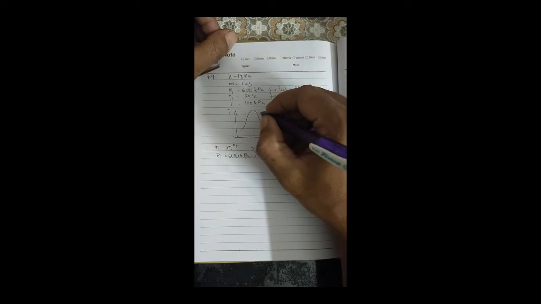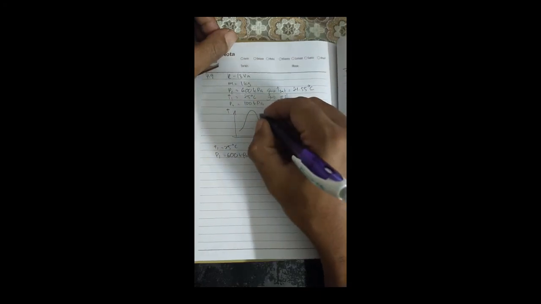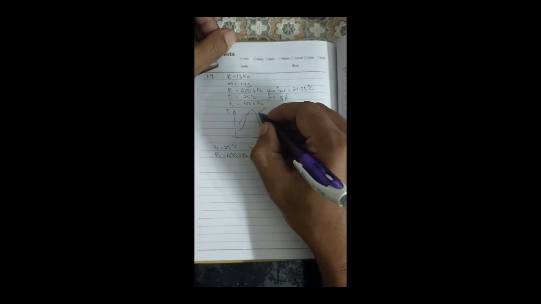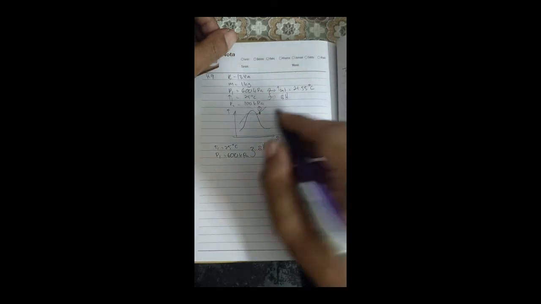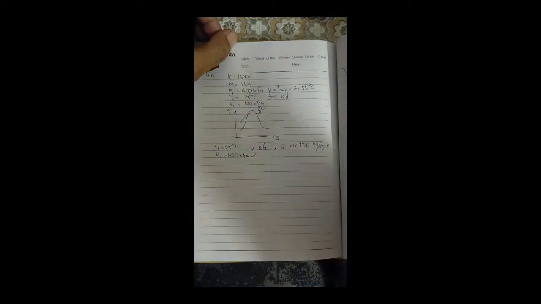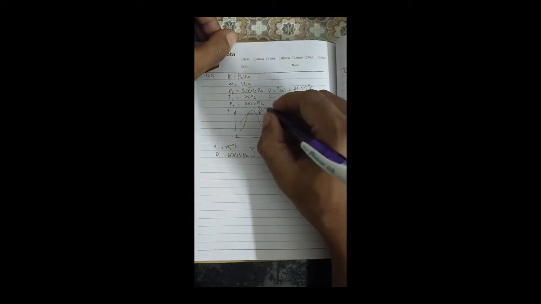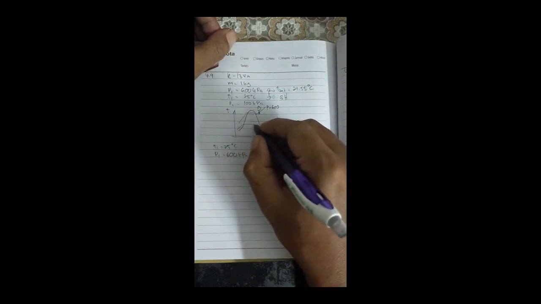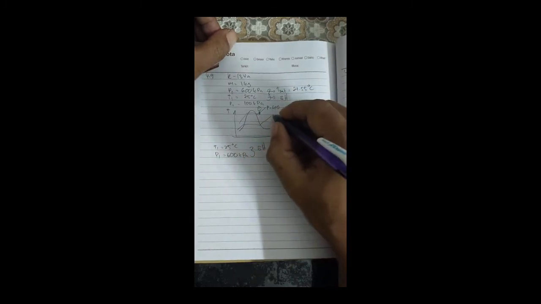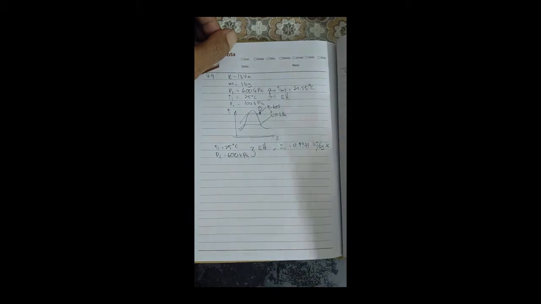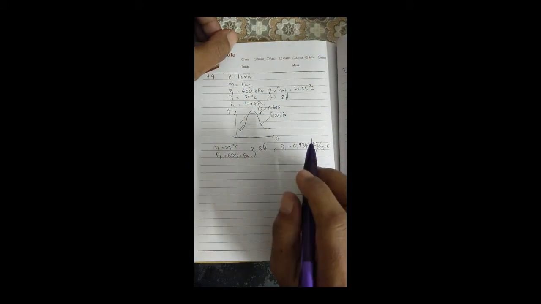So this is your first point, somewhere here, the superheated point at P 600. Then we have another, P2 is 100 kPa.